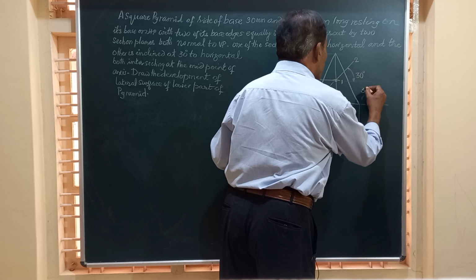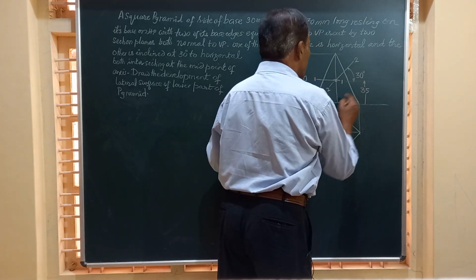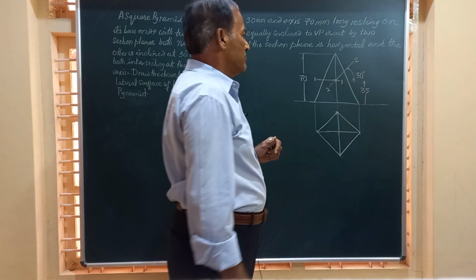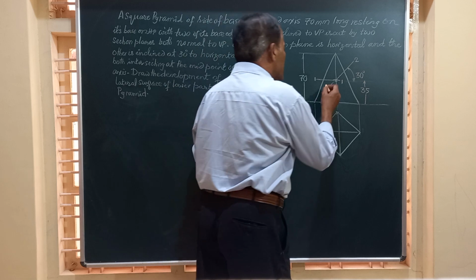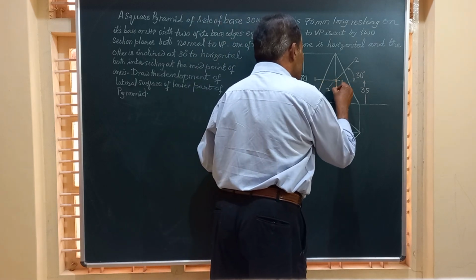So we have to locate the midpoint at a height of 35 millimeter from the base and we have to show them. And the portion for which you are going to draw the development is this part.